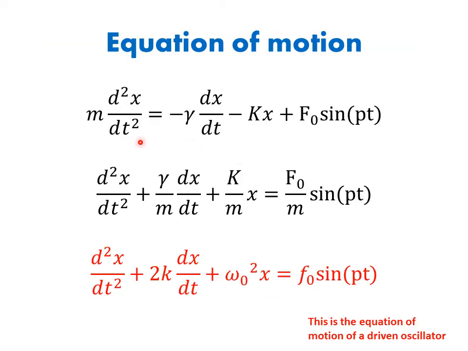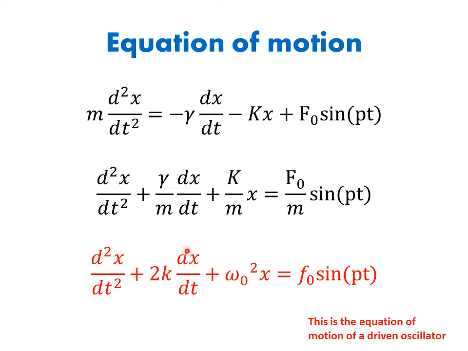So the equation of motion of that system, which is undergoing oscillations in the presence of damping and also when an external periodic force is applied, can be written like this: m d square x by dt square equals negative gamma dx by dt minus kx plus F0 sin pt. We can rearrange the terms and divide throughout by m, and you will get this equation.